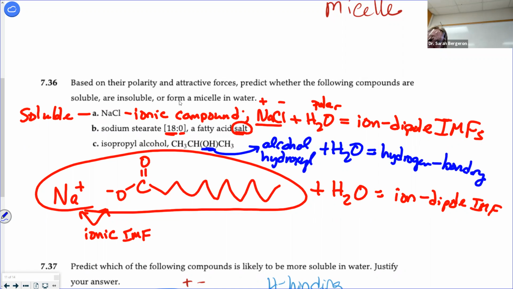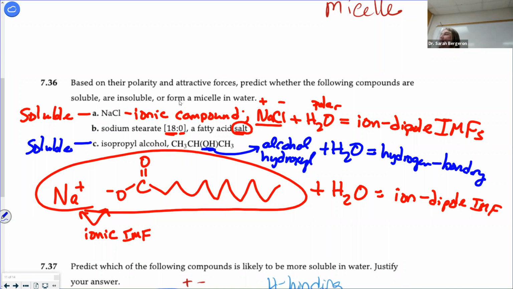So in C, if we have hydrogen bonding occurring between water and alcohol, is it soluble or insoluble? Have you gone to the store and purchased 70% alcohol? Like rubbing alcohol, right? If it's 70% rubbing alcohol, what is the other 30%? It's water. When you get it, do you see layers? Nope. So what is it? It's soluble.